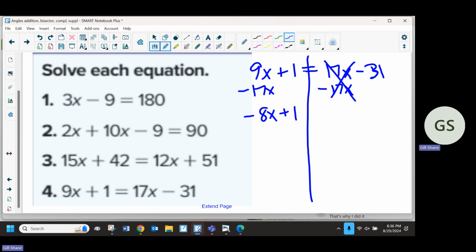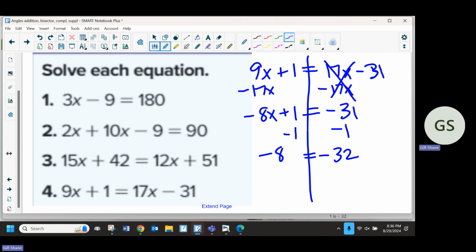And don't forget to bring down the negative in front of the 31. A lot of kids will forget that. Whatever is in front of a number has to stay with that number wherever it goes. So that negative has to stay with that 31. So I subtract 1. Whatever I do on one side, I've got to do on the other side. So negative 31 subtract 1 is negative 32.